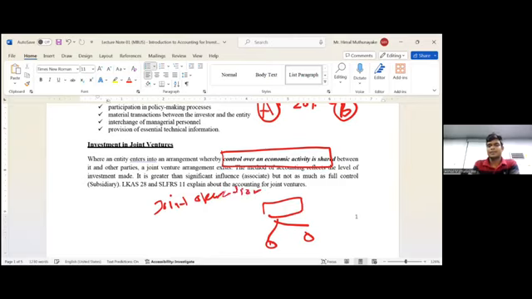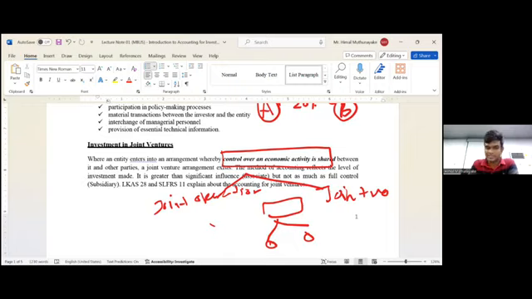And also you have joint ventures. When it comes to joint arrangements under SLFRS 11, we have two kinds of joint arrangement, joint operations and joint ventures, which we will discuss in the latter part.